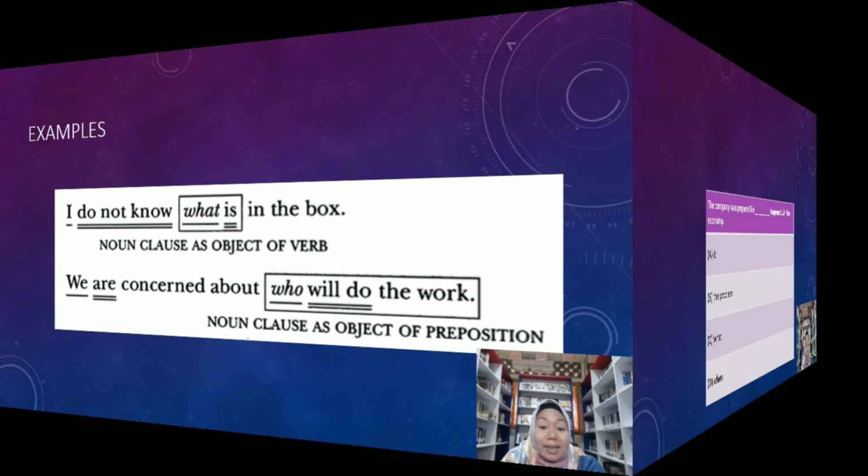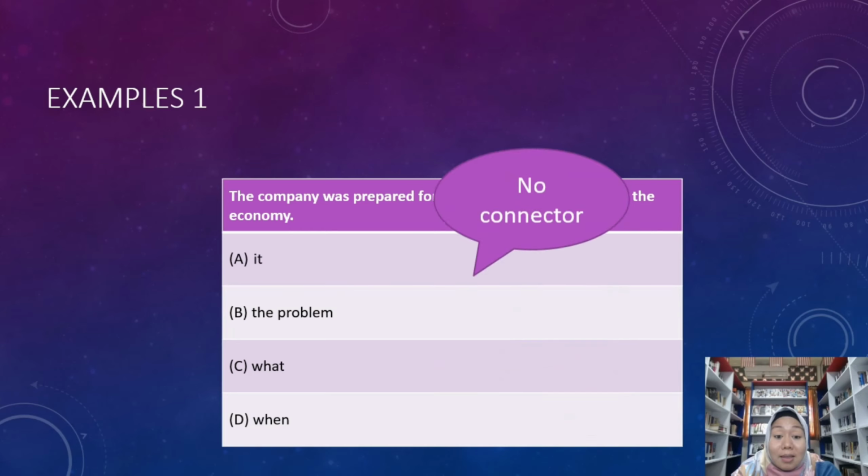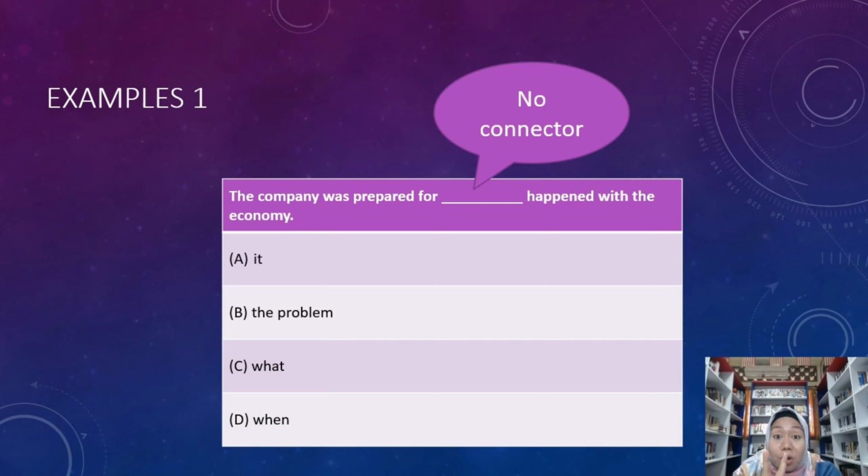Let's take a look at an example of a question here. The company was prepared for blank happened with the economy. Here we have the verbs was prepared and happened, two verbs, and we have one subject. If we have two verbs, then it needs one connector.